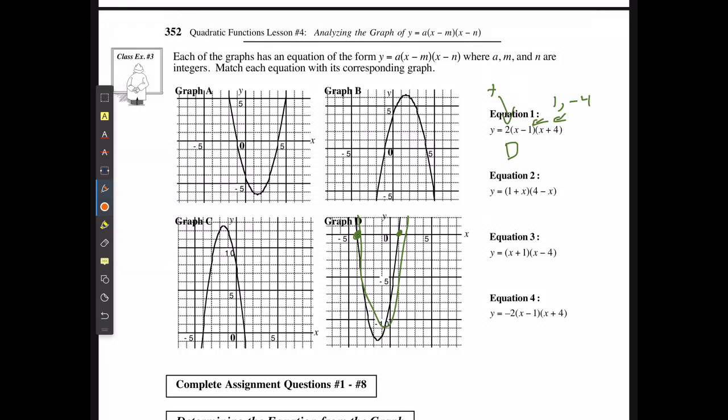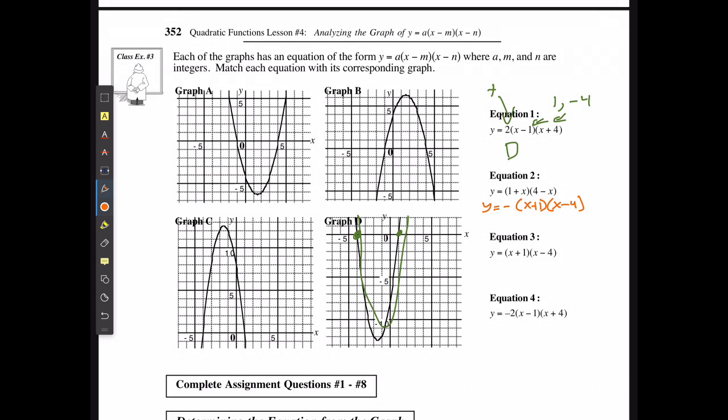For equation 2, these are in the wrong order, but the first one isn't actually subtracted, so I don't need to flip the sign for the first one. 1 plus x is the same as x plus 1, but 4 minus x is not the same as x minus 4. So the first one I can flip without changing the sign, but the subtraction, when I flip it, I do need to change the sign.